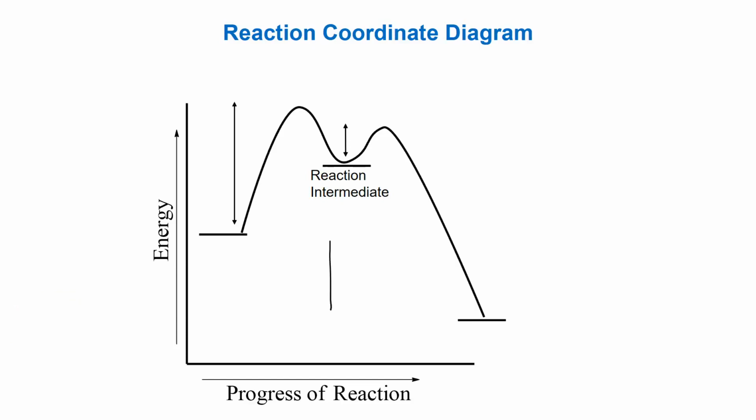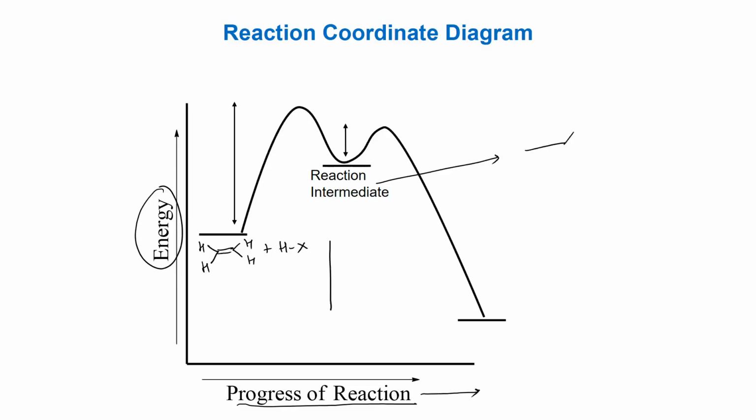Always in a reaction coordinate diagram, you have energy on the y-axis, progress of the reaction on the x-axis. You're starting off with the reactants, alkene and HX. The first step results in the formation of the reaction intermediate, which is your carbocation.